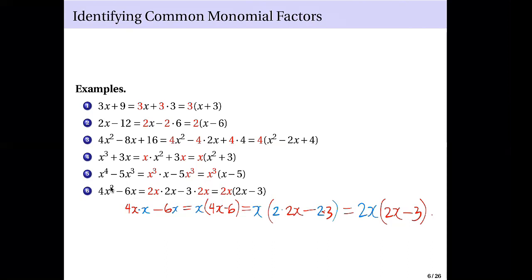No. What you can do, actually, you can skip these middle parts. So from 3x plus 9, you can just immediately write 3 times x plus 3. And here, 2x minus 12, you can immediately write 2 times x minus 6. So this part here is just for illustration. In the exam, I can write right away? Yes, of course. You can write right away. Okay, thank you. You're welcome.